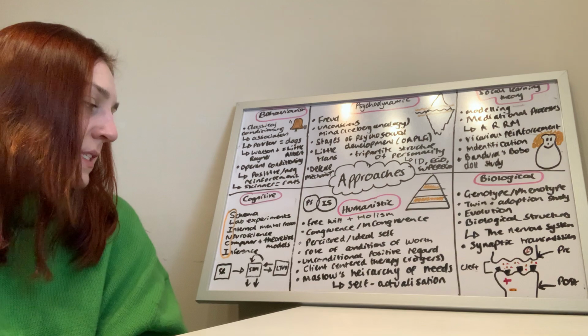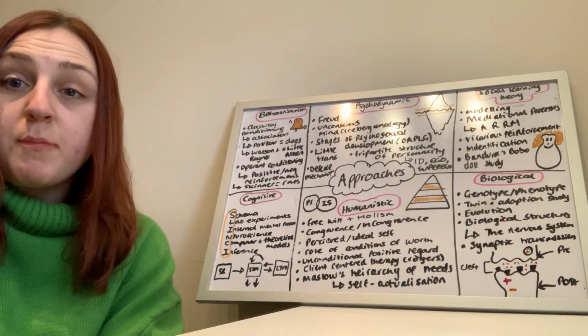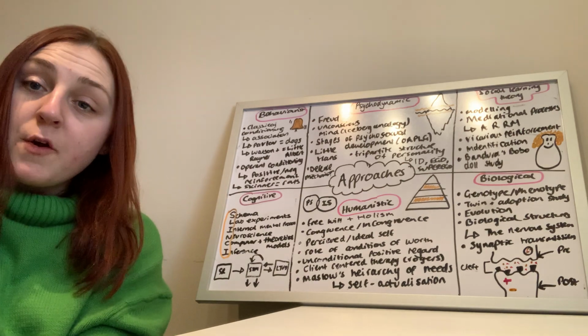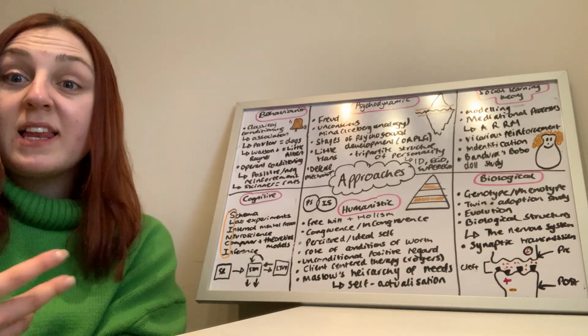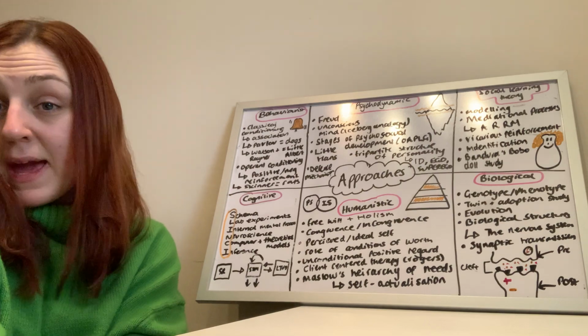And Rogers came up with this idea that client-centered therapy is very much a therapy technique that's based on talking therapy, in which you develop a therapeutic alliance or a rapport with your patient.